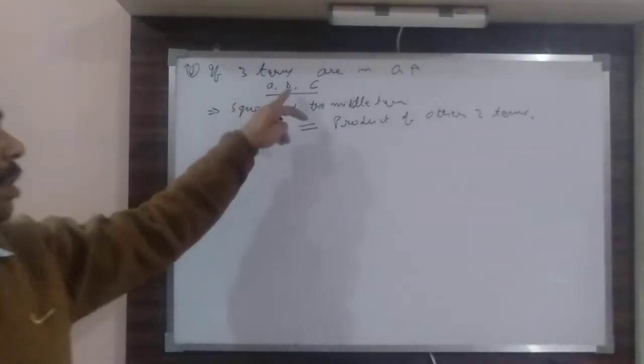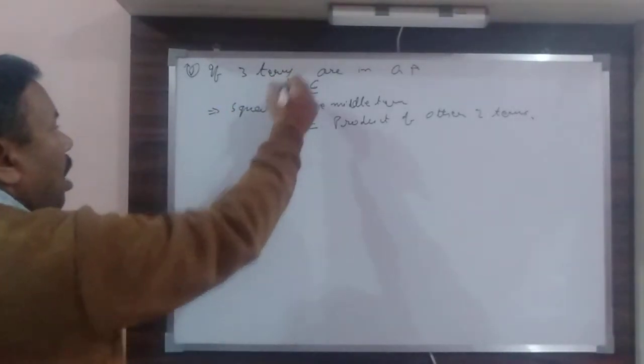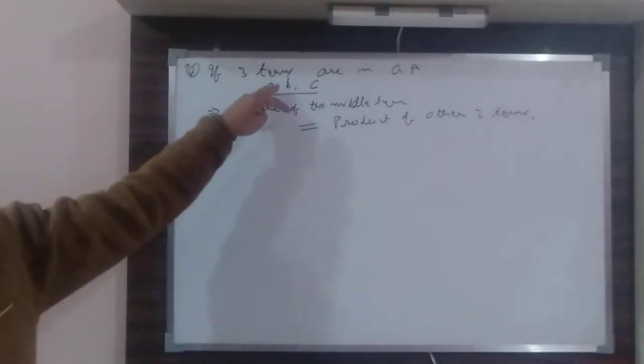So the middle term is B. How? Because it is said that these 3 numbers are in GP.